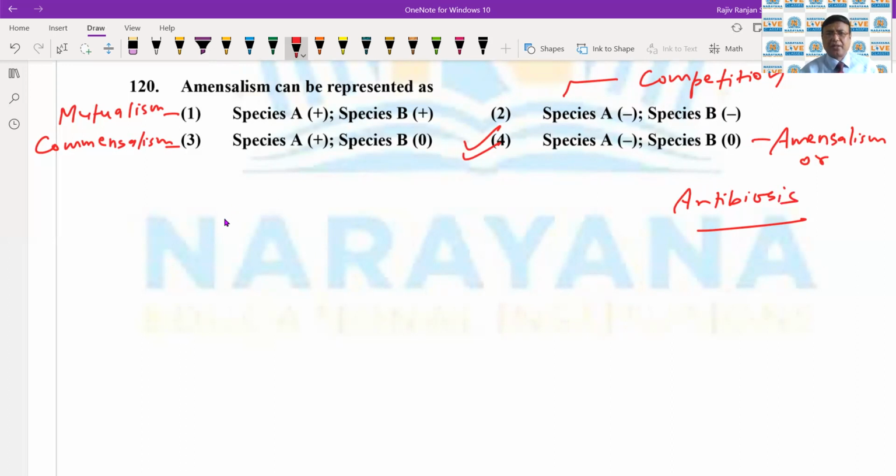For example, the filamentous bacteria produce many antibiotics, and so do fungi like Penicillium.